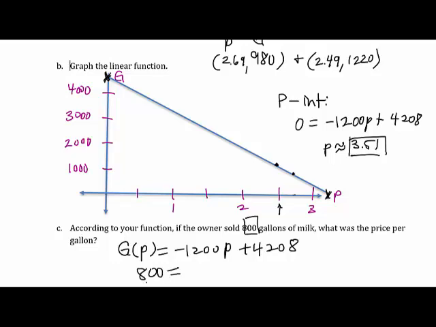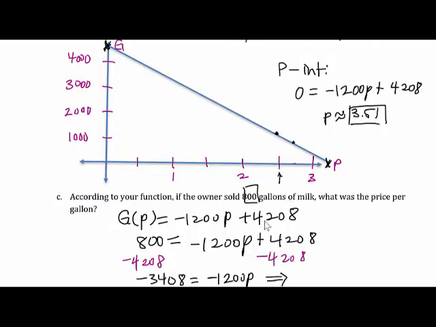We have a new equation: 800 equals negative 1,200p plus 4,208. To solve this equation, first subtract 4,208 from each side, and then divide by negative 1,200. So we have p equals negative 3408 divided by negative 1,200, or $2.84.